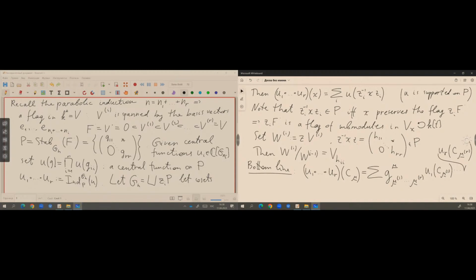Okay, now the sum runs over all collections of these multi-partitions such that the size of mu_i is n_i. So it corresponds to a conjugacy class in G_ni.